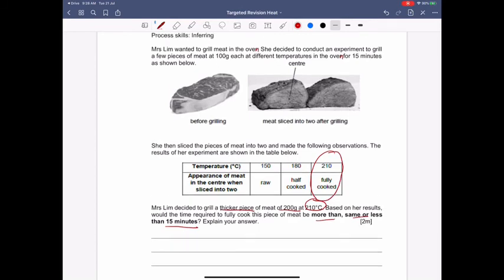Now, she cooked it in her oven for 15 minutes, and at 210, it is fully cooked. However, it is actually at 100 grams only. So that's what we need to understand. So at 100 grams, okay, it can be fully cooked. Alright? So definitely at 200 grams, you would need more time. Correct? So you need to recognize that fact.